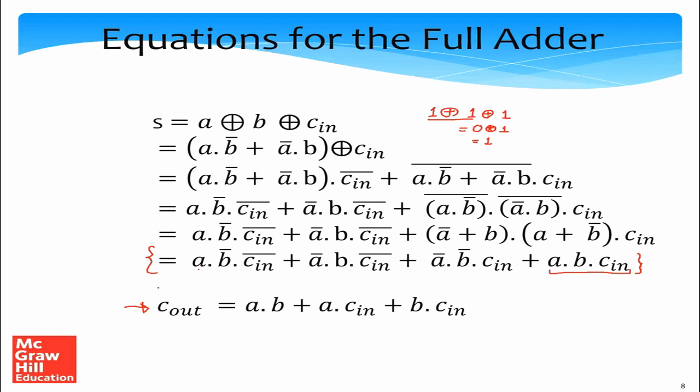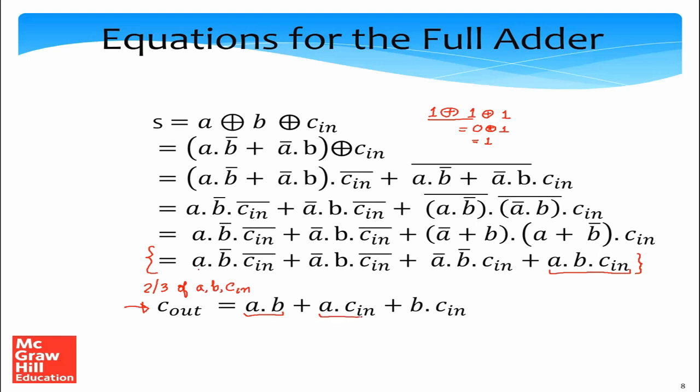Let me just summarize. When is carry out equal to true? Carry out is equal to true when at least 2 out of 3 of A, B and carry in are equal to true. So the way to express this is, if A and B are true, then this expression A and B will be true.